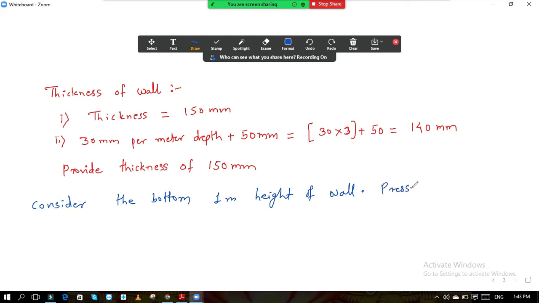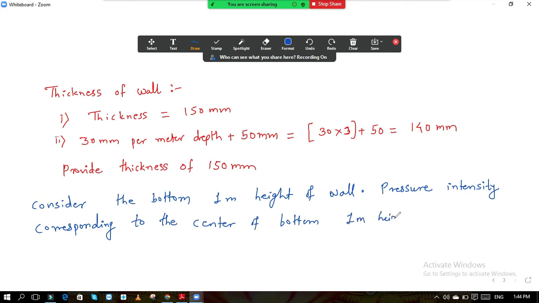Pressure intensity corresponding to the center of bottom 1 meter height wall.